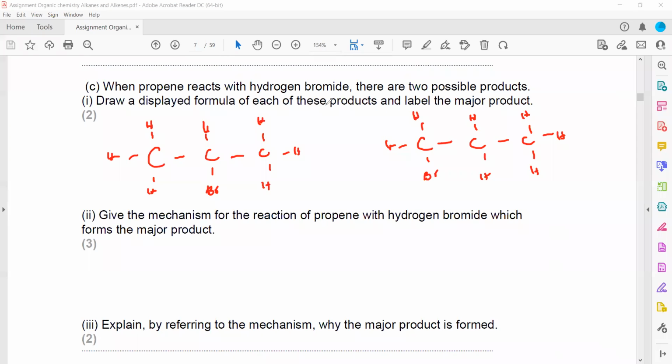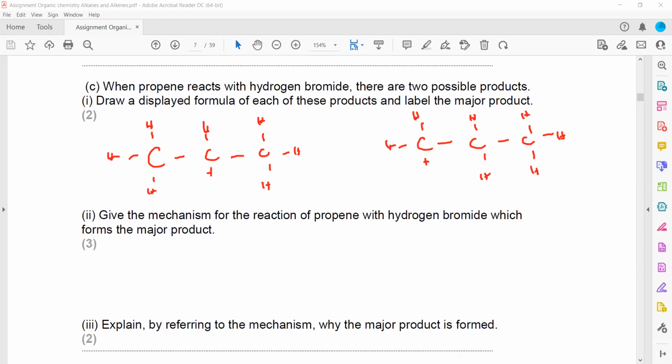If hydrogen is attached to the first carbon, a carbon cation is formed here. And if hydrogen forms a bond with the second carbon, the carbon cation is formed here. So which carbon cation is more stable, the left-hand side or the right?